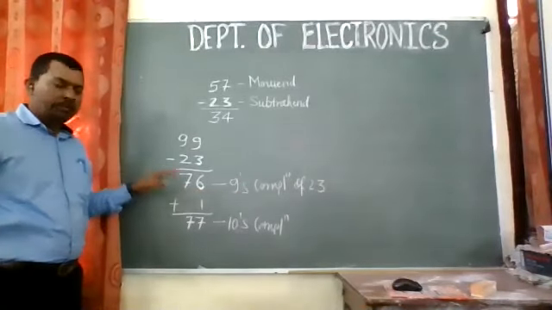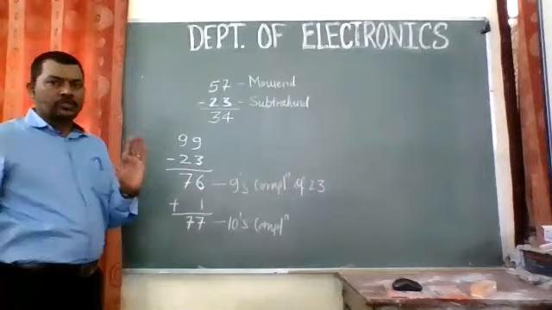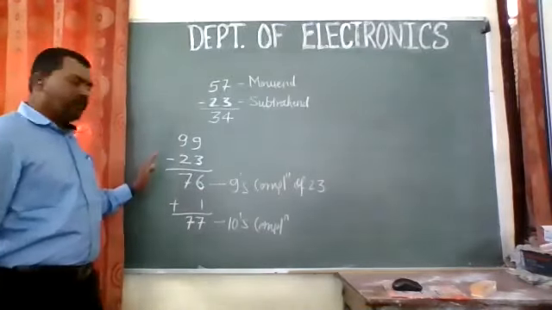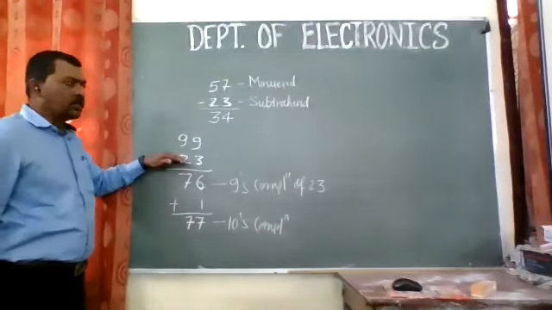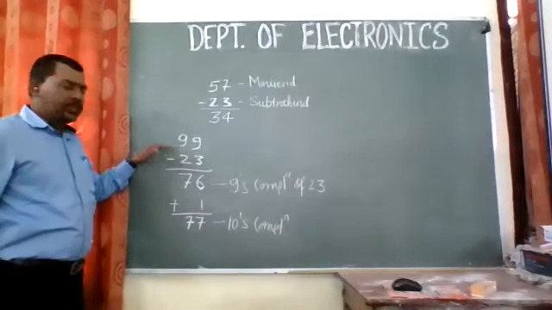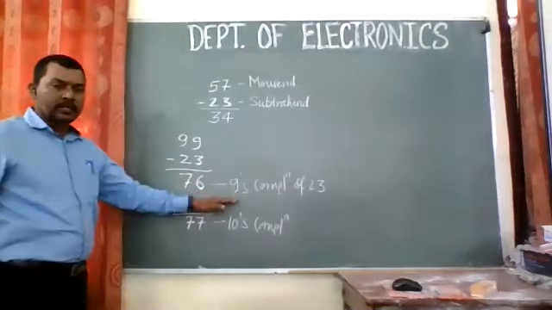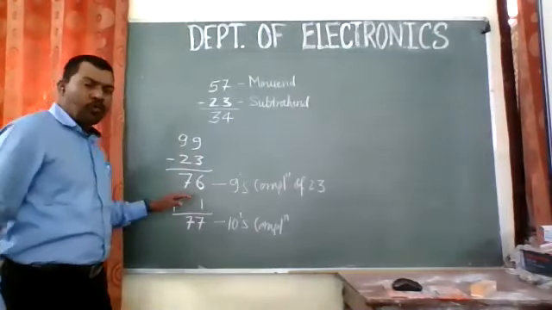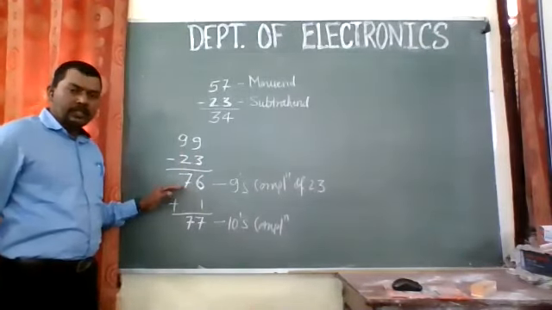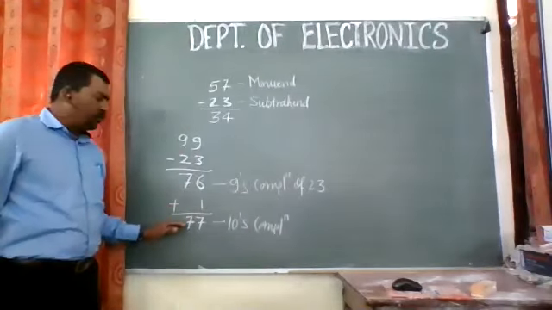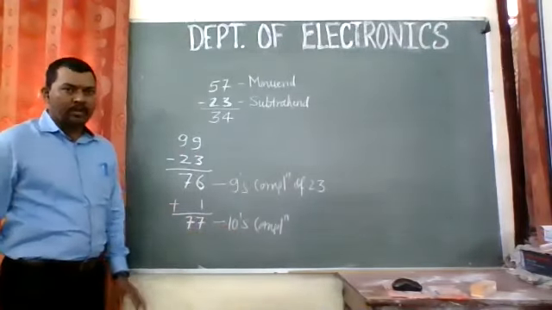The first one was the nines complement, and the second one was the tens complement. So we just subtracted 23 from 99, got this number 76, and called it the nines complement. When we add 1 to the nines complement, we get another number, which we call the tens complement.